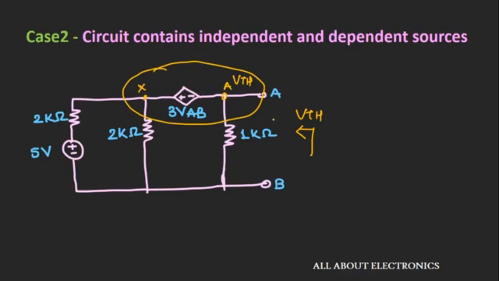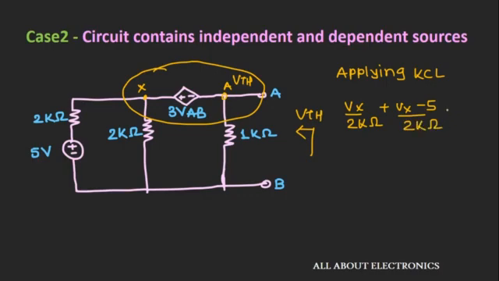So now let's apply KCL at this super node. Applying KCL, we can write Vx divided by 2 kilo ohm plus Vx minus 5 divided by 2 kilo ohm plus, at this end, Vth divided by 1 kilo ohm is equal to 0, where Vx is the voltage at this node X. Now at this super node, we can write Vx minus Vth is equal to 3 into VAB, and VAB is nothing but the voltage across terminals A and B, which is VTH.